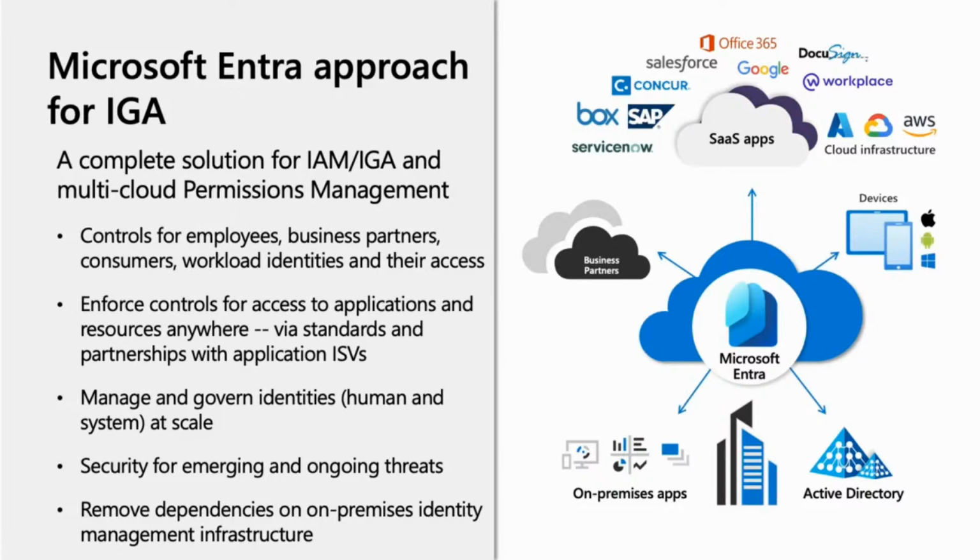And we want to remove any dependencies to on-premises identity management infrastructure. Now, that doesn't mean that we're not supporting governance in the on-premises infrastructure. We have connectors to reach back into the on-premises environment, but we want to enable you to have a fully cloud managed and governed system. So no dependencies on premises infrastructure.